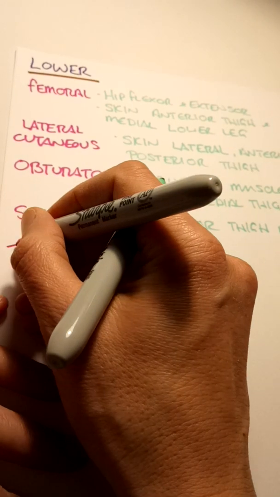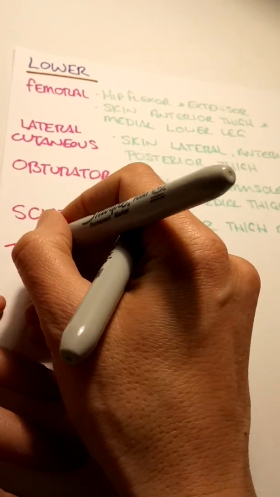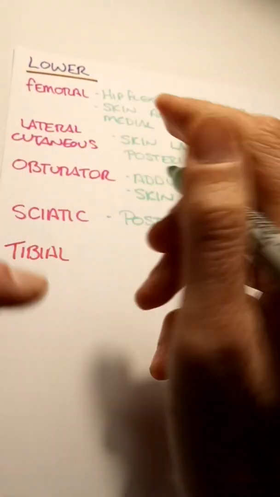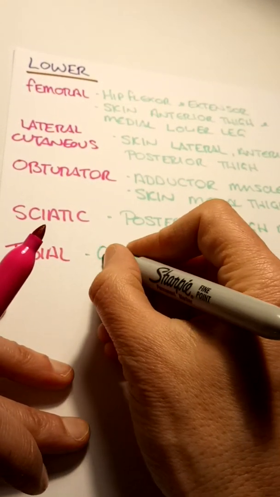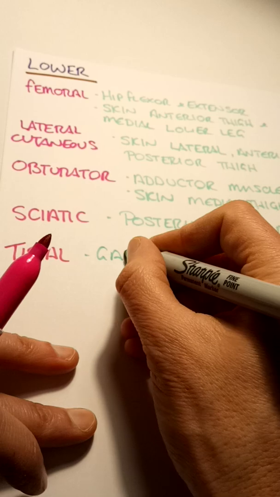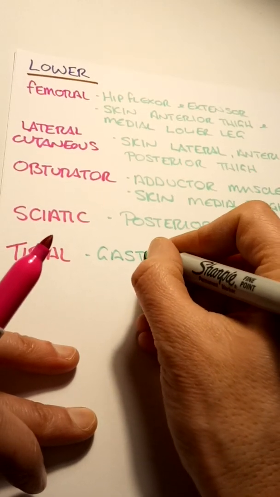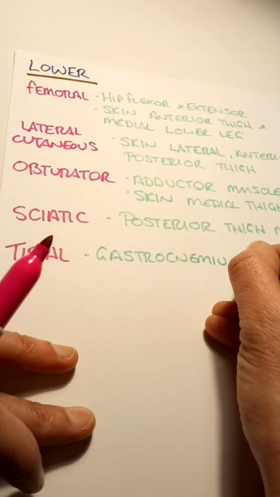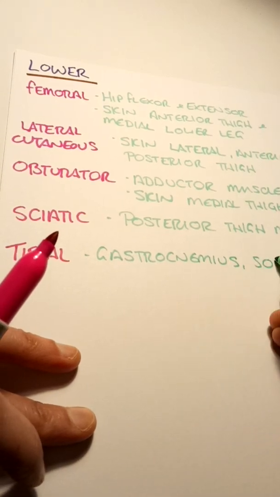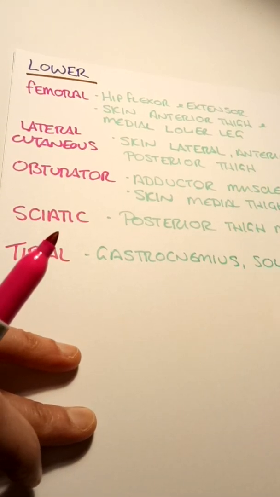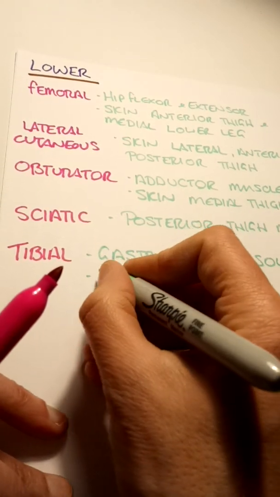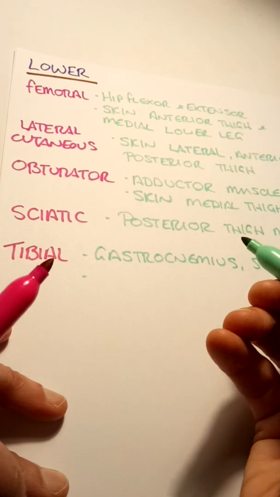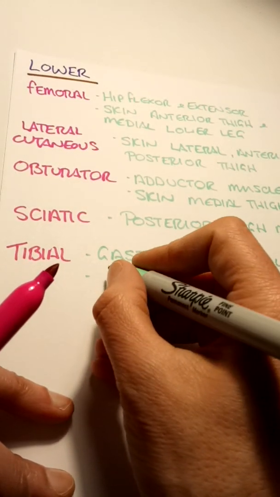So we're going to do the tibial first, the tibial nerve, so two branches. This does your gastrocnemius and your soleus, so your calf. Posterior calf muscles.